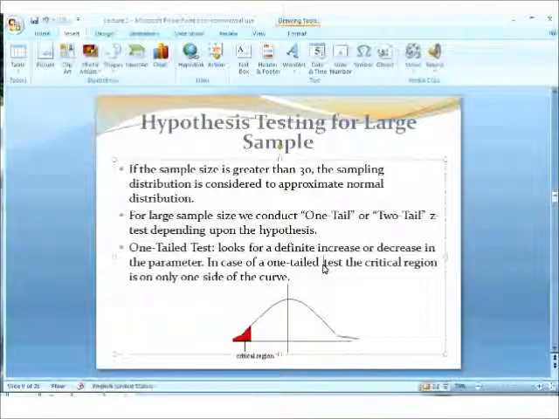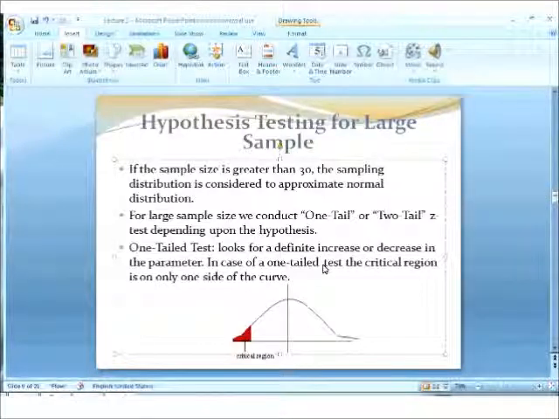So you say that the mean test score for the whole class is, let's say, 75. Then you collect a sample of the grades of a few of the students, find the mean, and compute the z value. Your null hypothesis is that the mean grade is 75, and your alternative hypothesis is that the mean grade is less than 75.